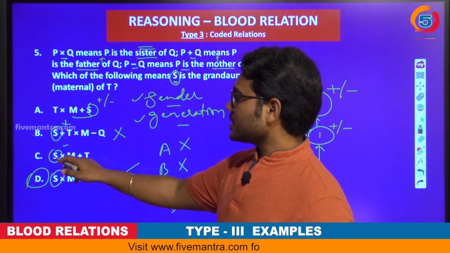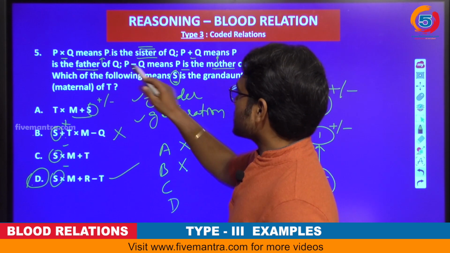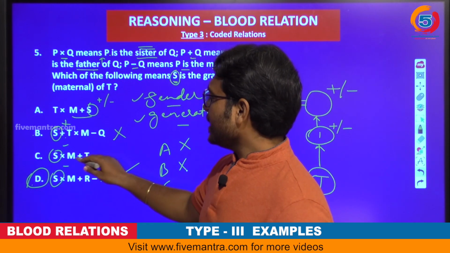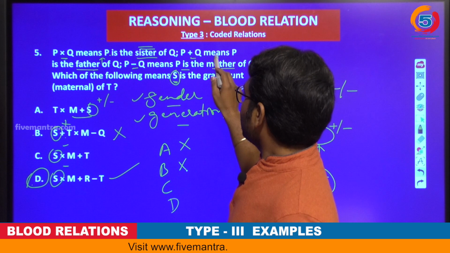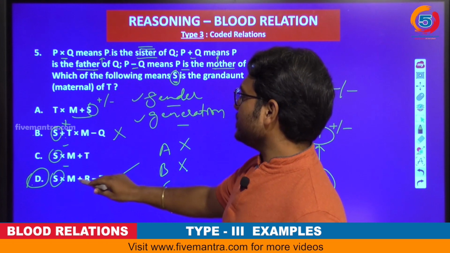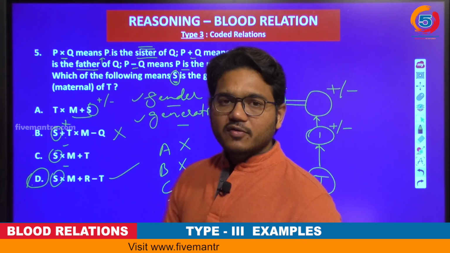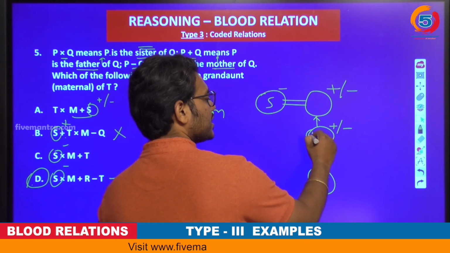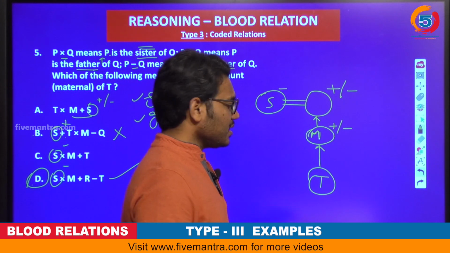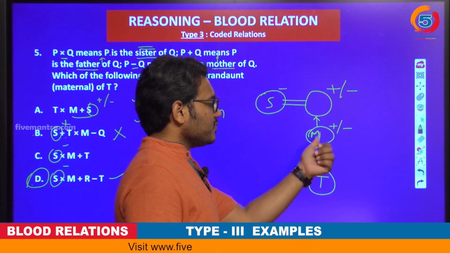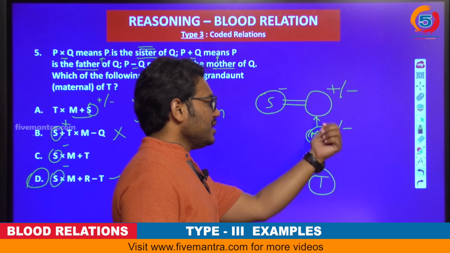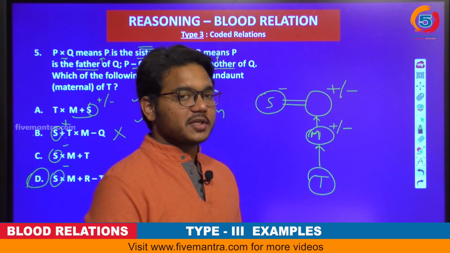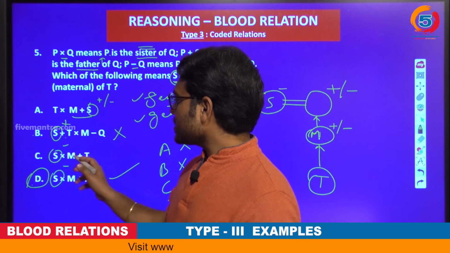Then option C: S cross M, S is the sister of M. Then M plus T. What does plus indicate? Father. So M is father of T. Suppose we tentatively put M here, as one parent of T, M could be the father of T. Then how is this father related to S?